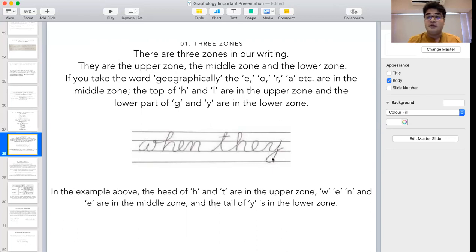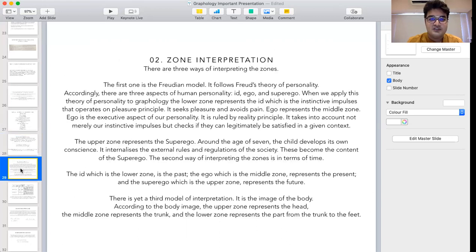So we are going to be talking about the upper zone, the middle zone and the lower zone. Now, as such, there are more than 10 different variations of the upper zone, middle zone and the lower zone combined. But today we will talk about the dominating upper zone, dominating middle zone and dominating lower zone.